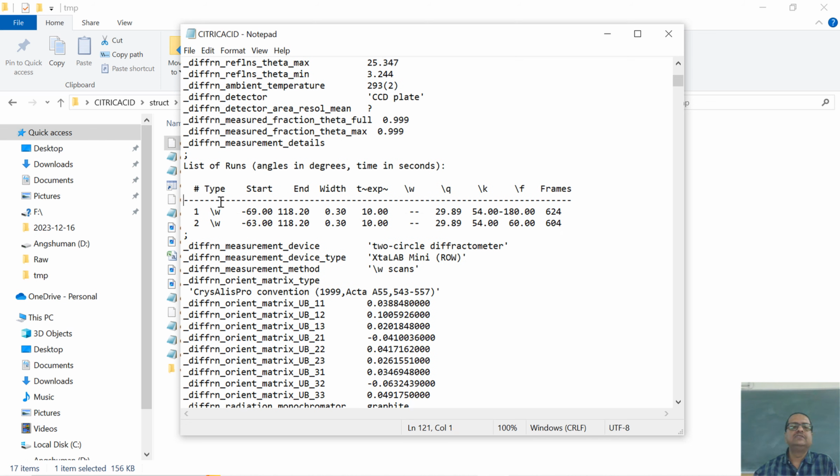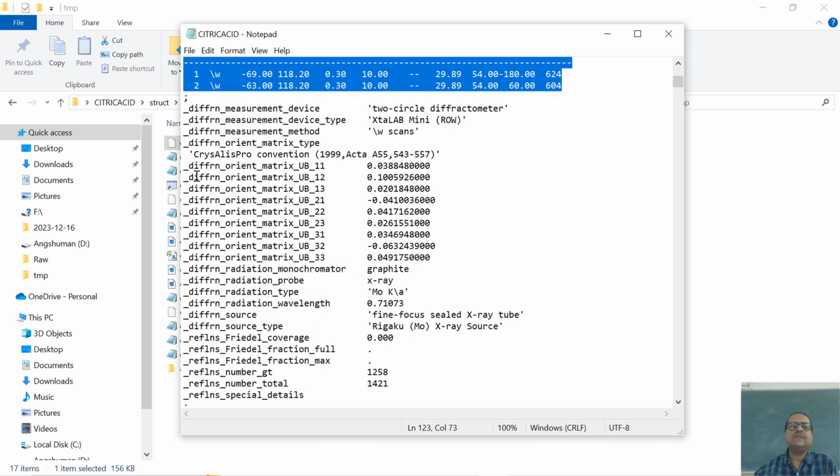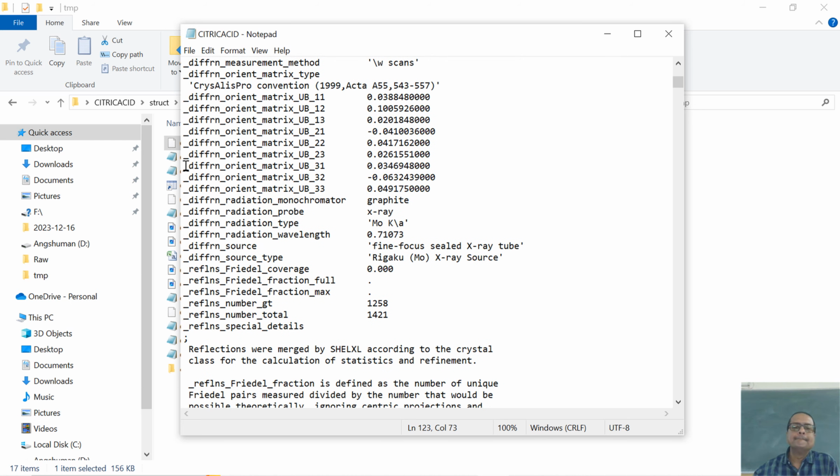And then it gives you the data collection strategy information, and the orientation matrix. That orientation matrix indicates how the crystal was oriented with respect to the beam. From that matrix information, the software gets whether the C axis is aligned like this or like that.